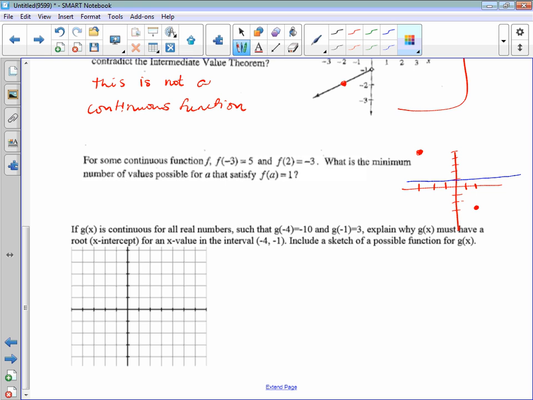It could be some sort of crazy oscillating function that goes up and down a million times before it hits this. And you could cross that blue line over and over and over. We don't know how many, but are you crossing it at least one time? You're going from a positive 5 to a negative 3. Okay, so that's the minimum. The minimum number of values is 1.